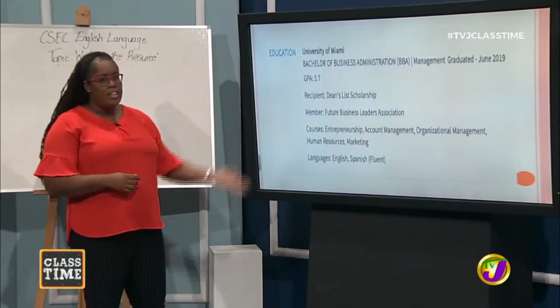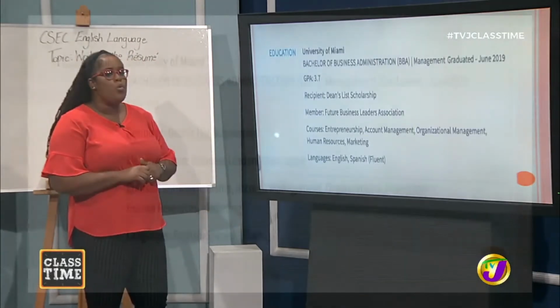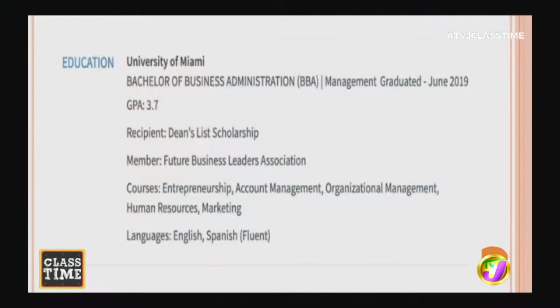All right, and this is an example of how you would structure the education section of your resume. University of Miami, Bachelor's of Business Administration, BBA, Management, graduated June 2019, GPA, grade point average, 3.7, recipient, Dean's List Scholarship.